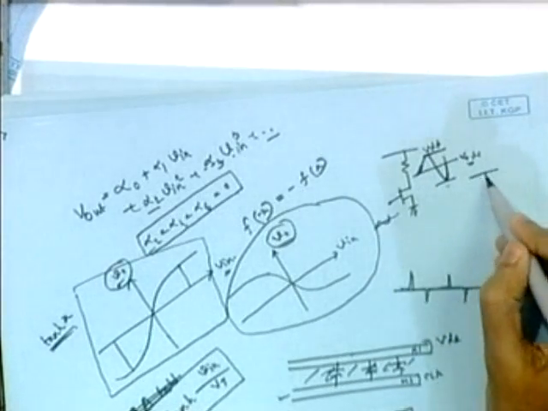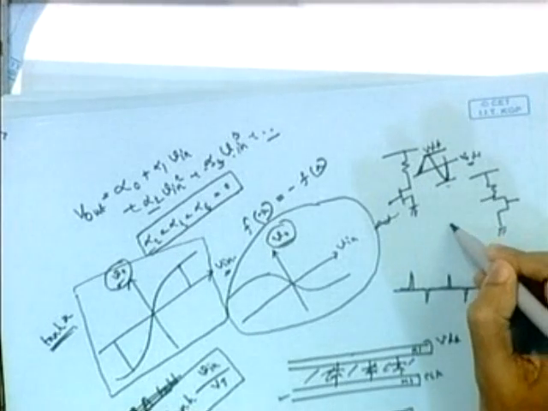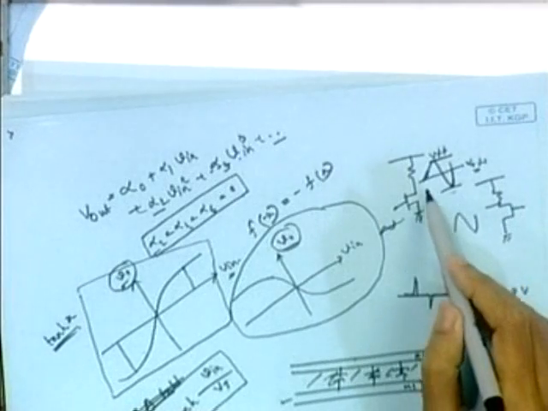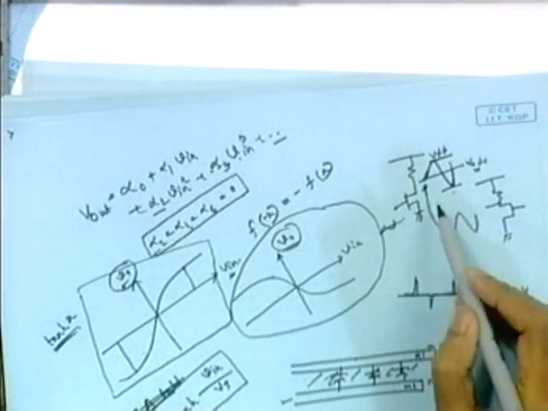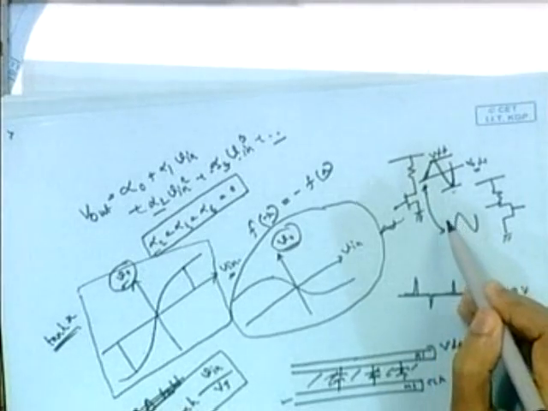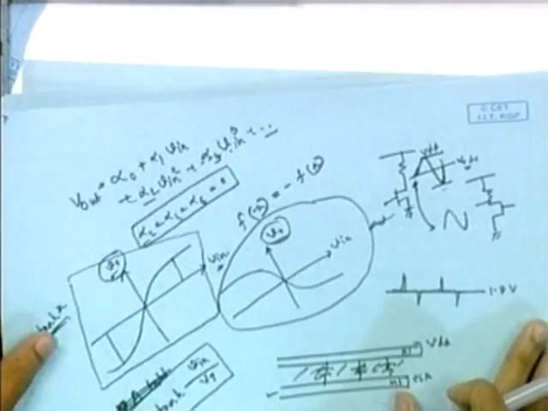But if we have a differential amplifier, one more output is there, that will show like this. And if we take the difference between these two outputs and take that difference as our new output, draw it here.